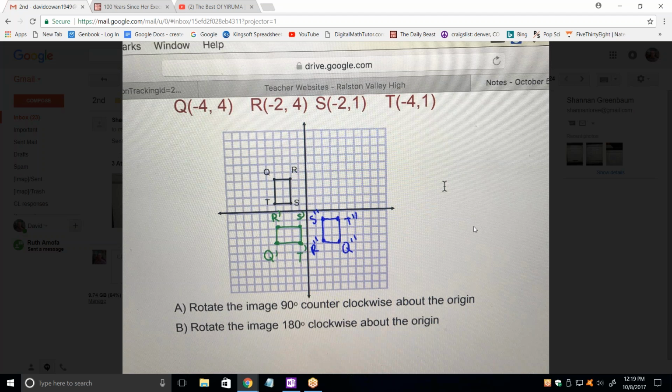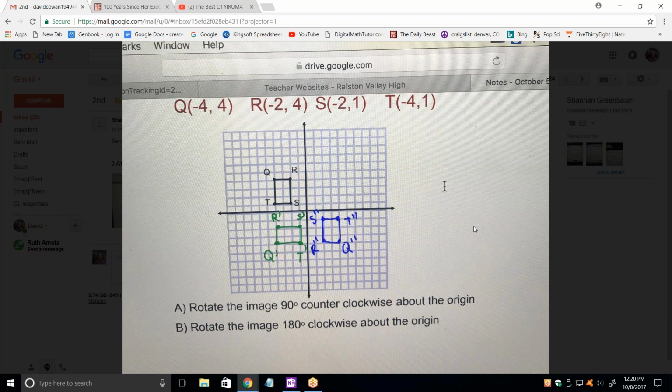They want you to rotate the image 90 degrees counterclockwise about the origin, and then rotate the image 180 degrees clockwise about the origin. All right, so here's how you do A.